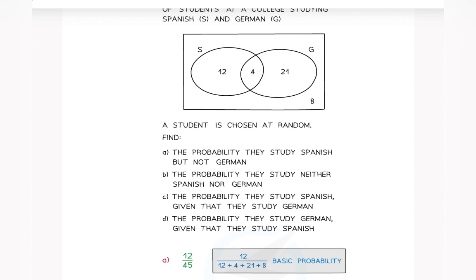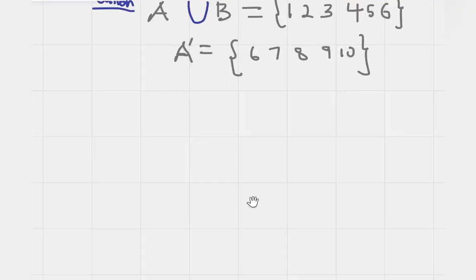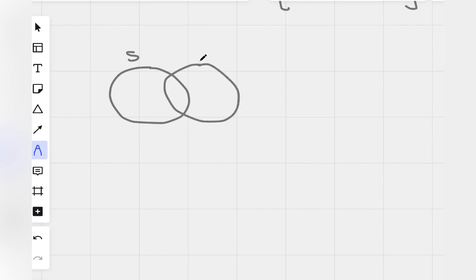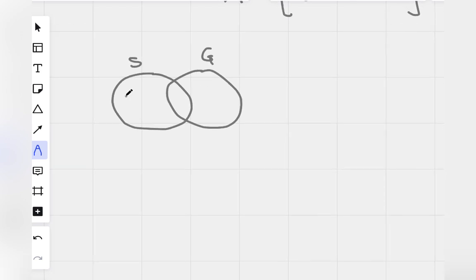So number of students who study Spanish, because this is what it is. This is Spanish. Students who speak Spanish, and this is for students who speak German. So here, 12 students speak Spanish only.